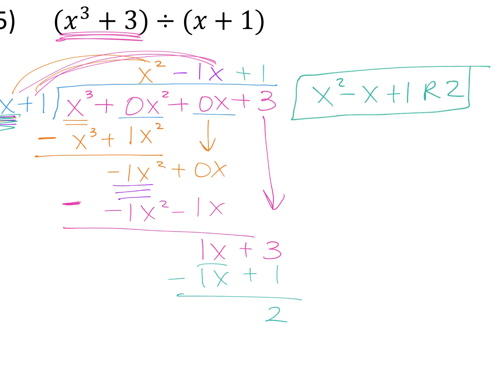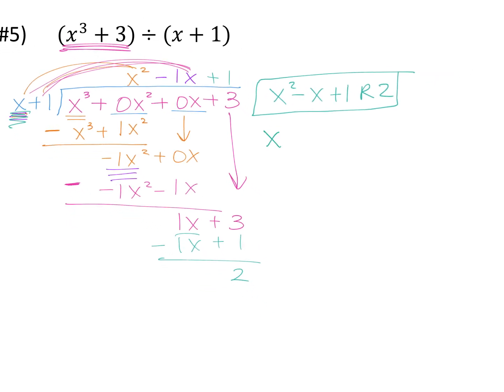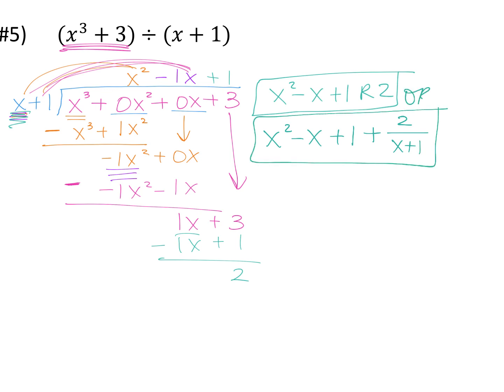That's a perfectly good answer. Or if you want to write it the Ham-Ram way, x squared minus x plus 1 plus 2 over your divisor, x plus 1. Okay? You don't have to give me both. Give me whichever one you prefer to do, and you'll be good to go.